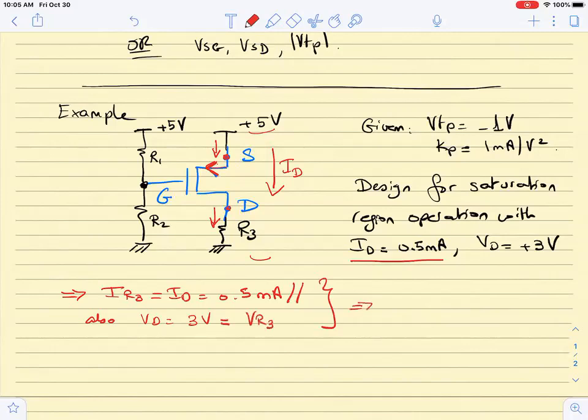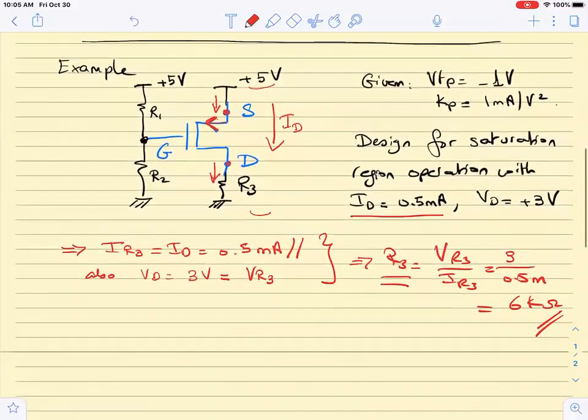This implies that R3 is equal to VR3 على IR3. This is equal to 3 over 0.5 milli. So this is equal to 6 kilo ohms. Okay. So we can find now R3. Okay. حدا عنده سؤال? It should be clear, right?